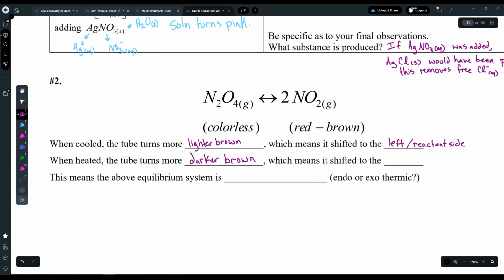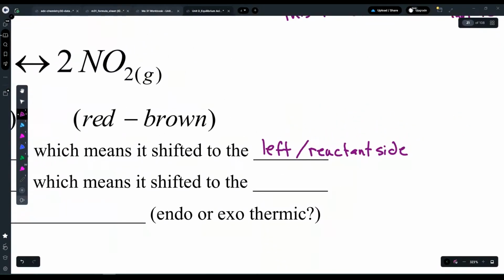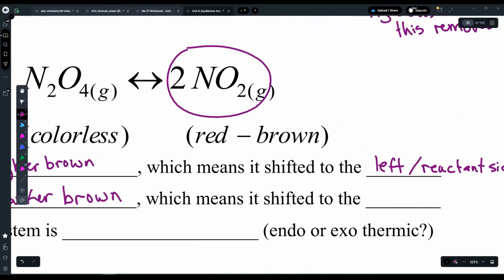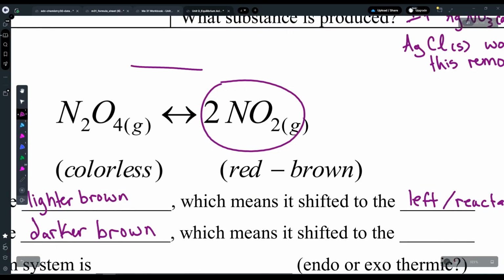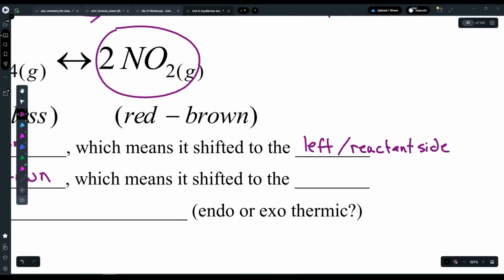So if we ended up producing more nitrogen dioxide, which side does that mean the equilibrium shifted to when it was heated up? Take a moment, write down your prediction. So when the tube became a darker brown, that means we produced more nitrogen dioxide, so it means the equilibrium shifted to the right.